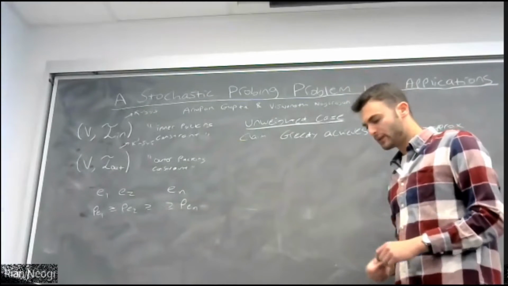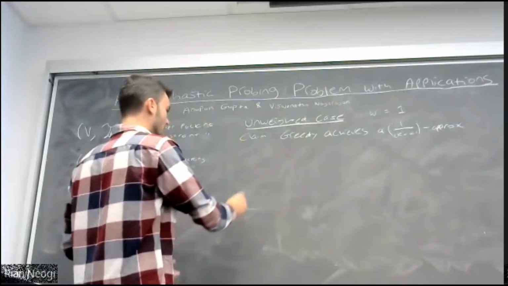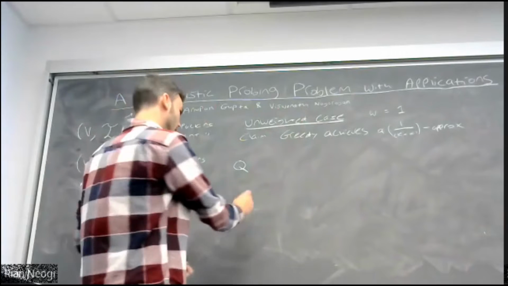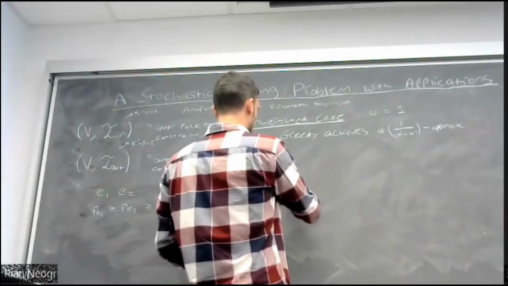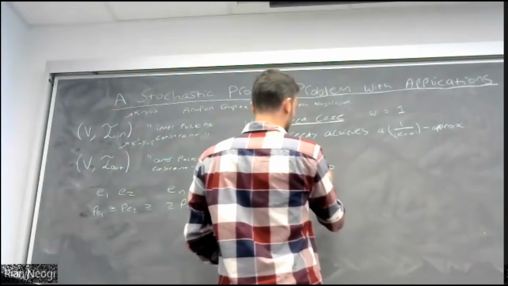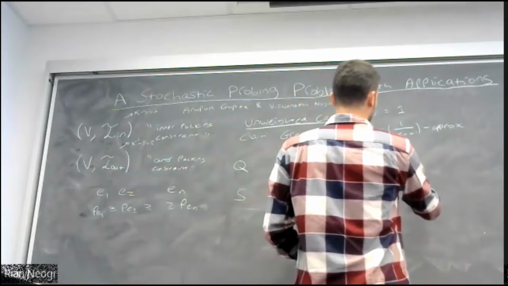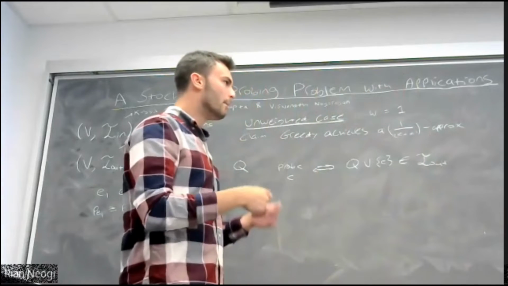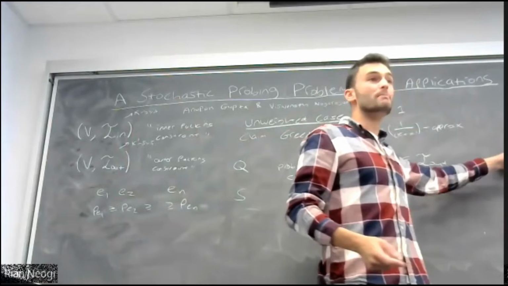What does it mean? It means that at the stage where we're probing E, if Q is our set of currently probed elements, and S is our set of currently chosen elements, then we can probe an element E if and only if, first of all, Q union E has to be independent with respect to the outer constraints, but also if E turns out to be active, we must include it.